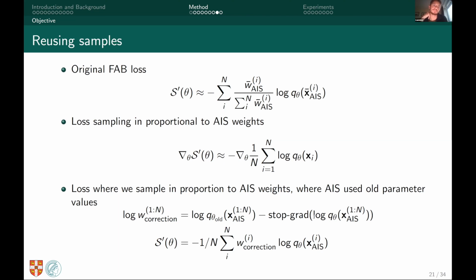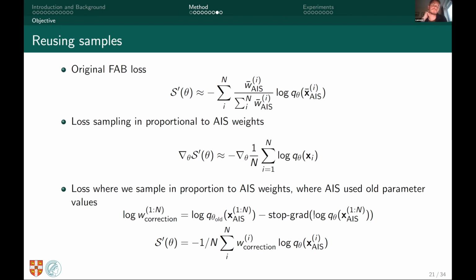But then what actually happens in training is we've run annealed importance sampling in the past, and that was run with previous values of the flow parameters. So we also have to correct for the fact that our p squared over q target had a different q in the denominator. That's where we have this log correction factor, log W correction.